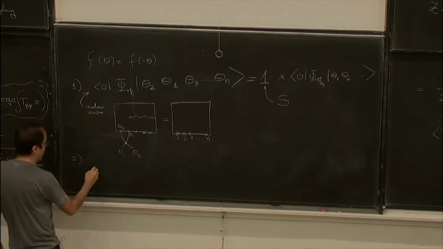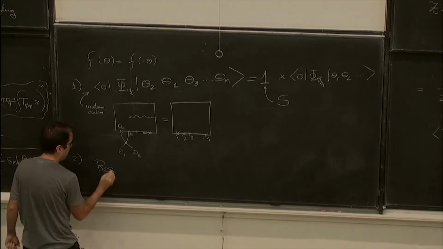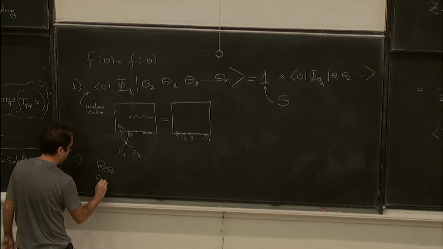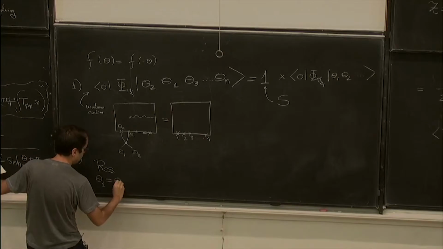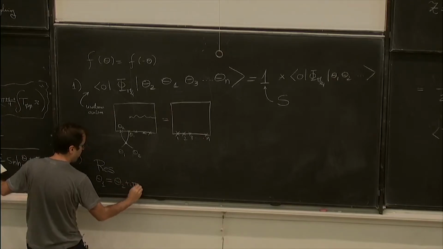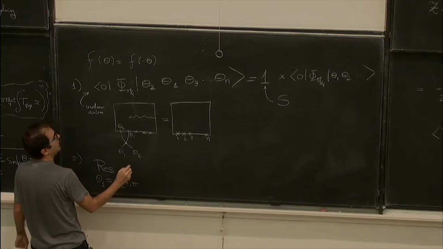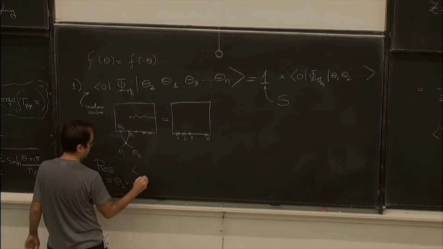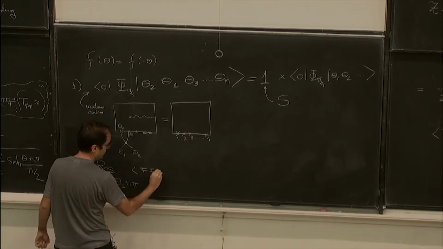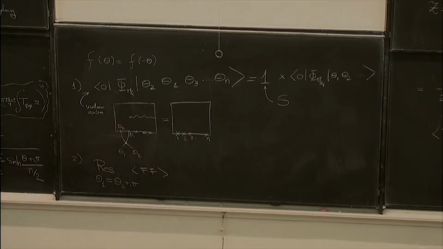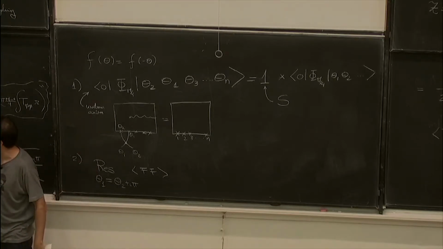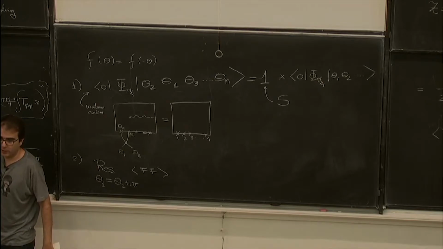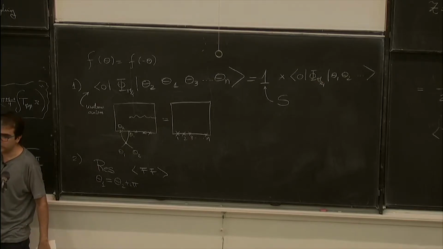So we can ask what happens to the residue of my form factor when theta 1 becomes equal. You see what appears here is theta 1 minus theta 2, so when theta 1 is equal to theta 2 plus i pi. So let's try that. I want to put here the full form factor. What happens when we do it? Well, we sum over all pairs, and the residue comes only when we have one pair that contains the rapidities 1, 2.